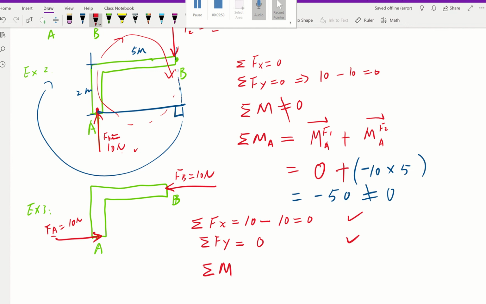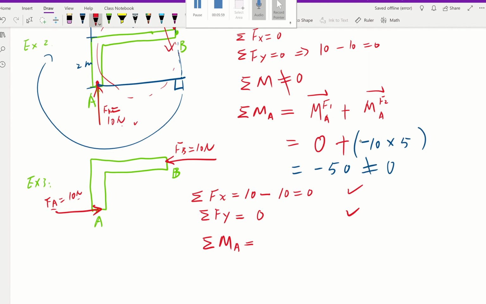Again, you can choose any arbitrary point for moments. Here, if we continue with A, then FA rotating about A goes through that point, so that's 0. Then we just need to figure out FB about point A. FB is 10 Newton, and the moment arm about A is this distance, which we said is 2 meters.